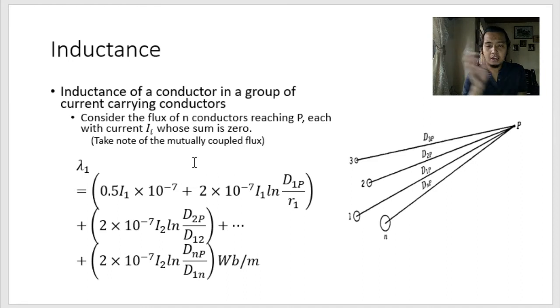Now, if you have a group of conductors, then it gets a bit complicated. Where do I start? Let's say that you have this set of conductors from 1 to n. It's 1, 2, 3 to how many conductors are there, n conductors.